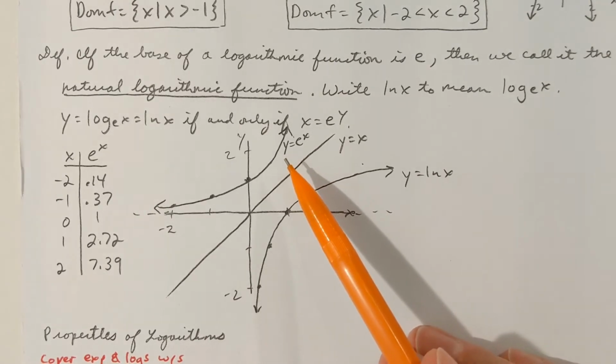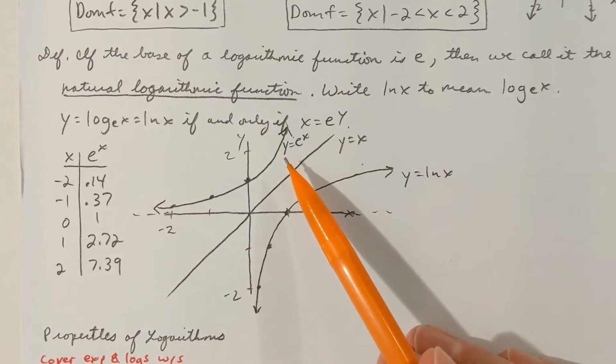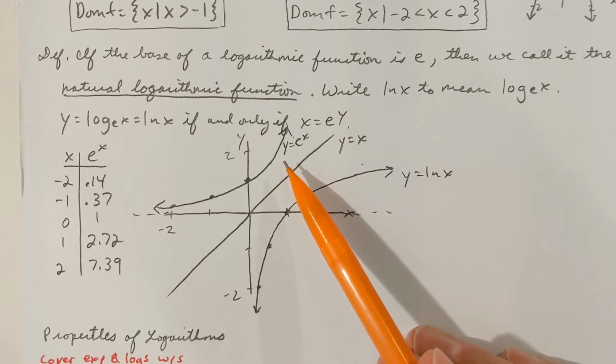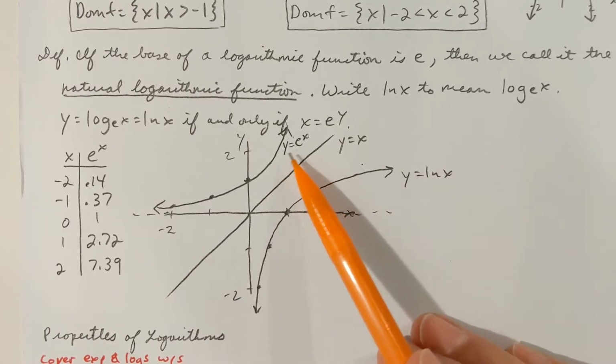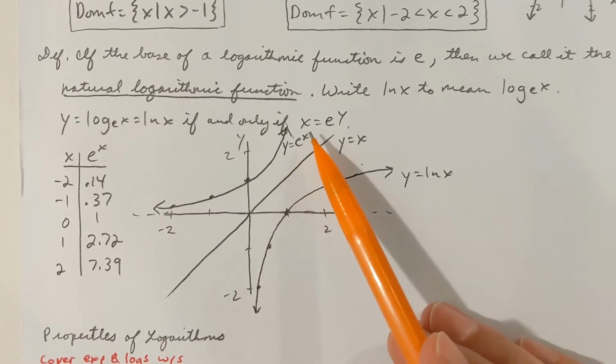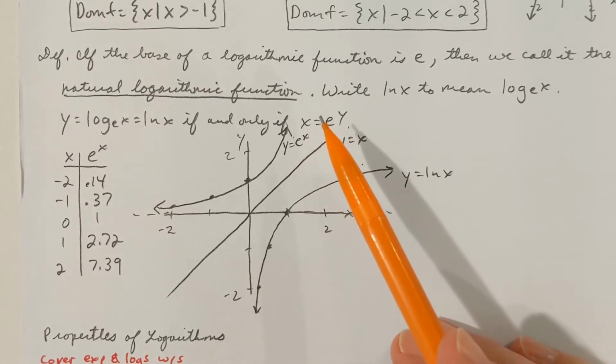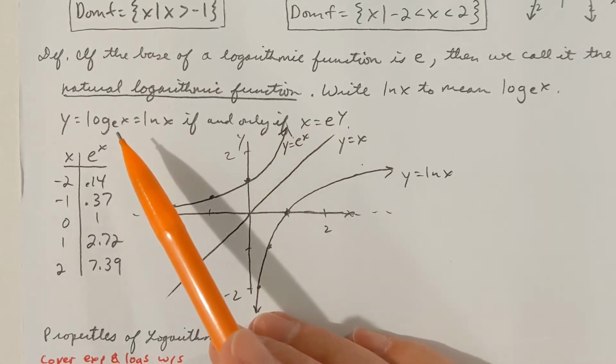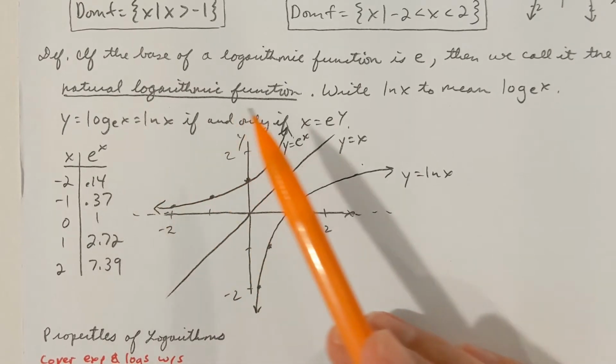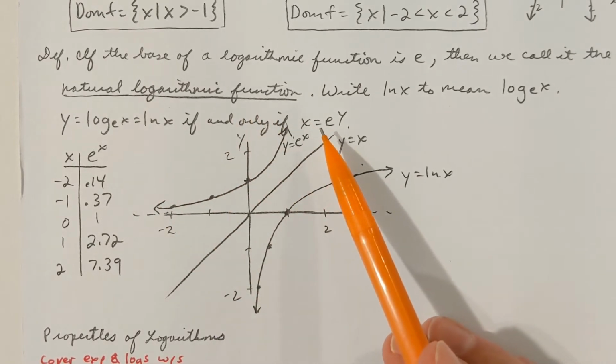Now remember that an exponential is a one-to-one function. One-to-one means that the inverse is a function, and inverse means that you're just switching x and y. If I switch x and y in this equation, I'll have x equals e to the y. Now, remember the definition of a logarithm says y equals log base a of x means that x equals a to the y.